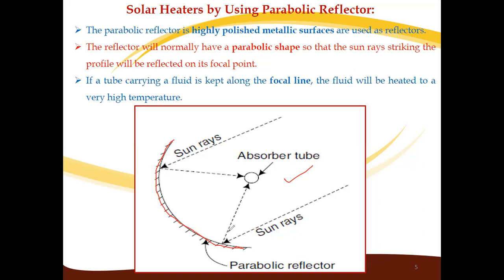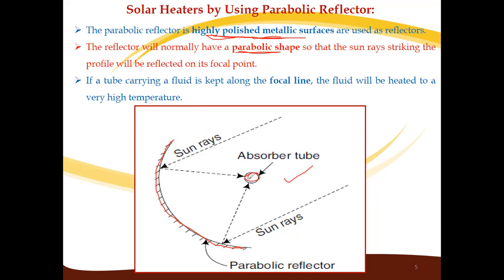This parabolic reflector is a highly polished metallic surface. It normally has a parabolic shape, so that sun rays striking this profile get reflected to a focal point.